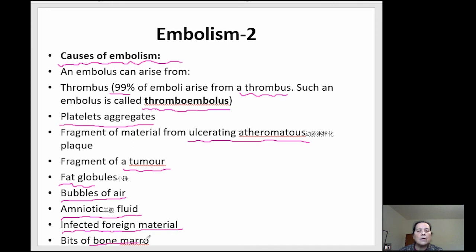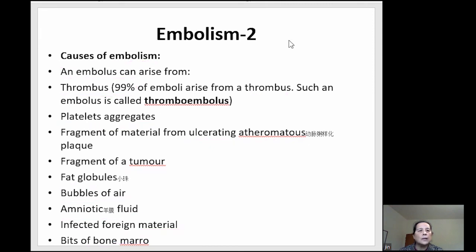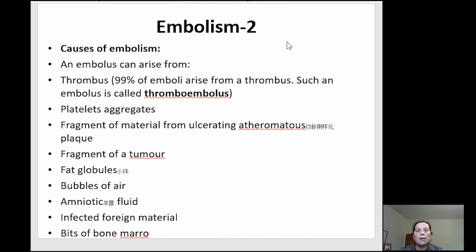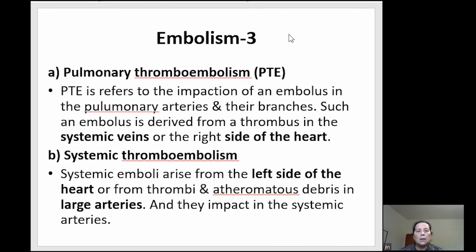So we have a lot of possible causes of this problem, but we say it mostly comes from a blood clot inside the blood circulation. This kind of clot falls down and then blocks the blood circulation.